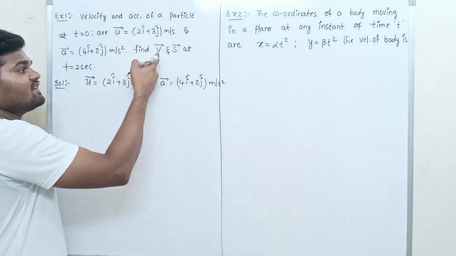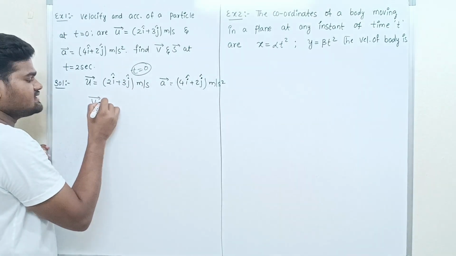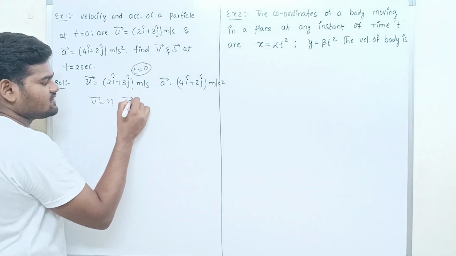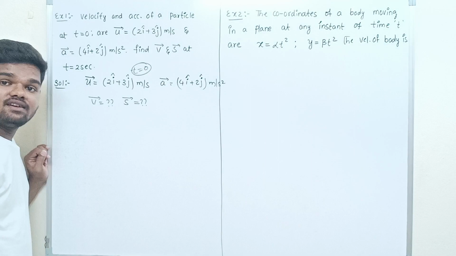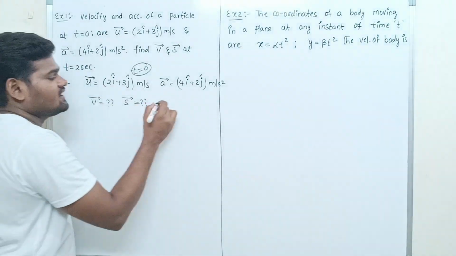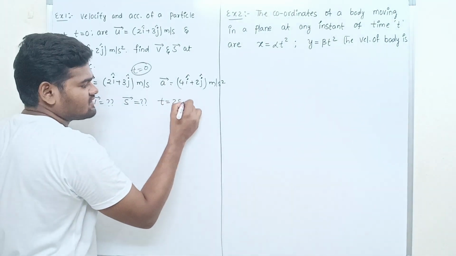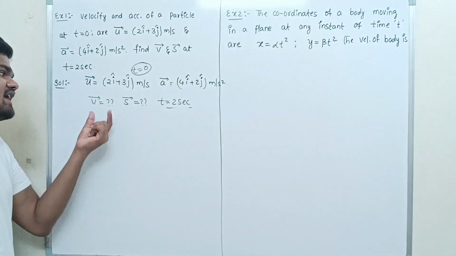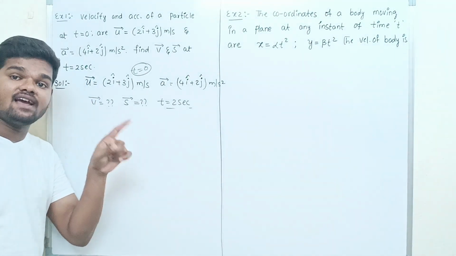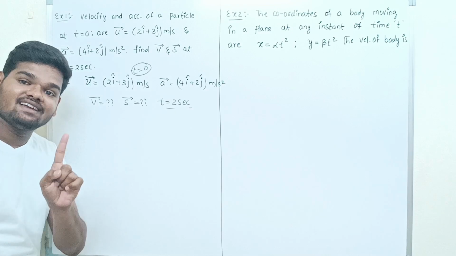What they are asking: find the velocity and the displacement at time t equal to 2 seconds. We have to find its final velocity as well as its displacement. Is it clear? Any doubts?